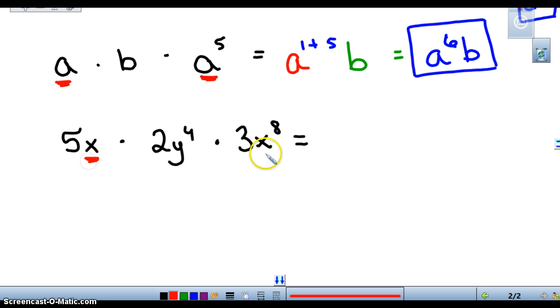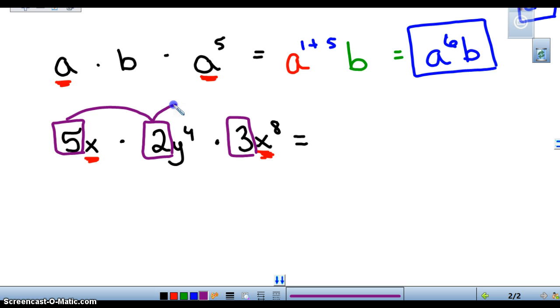X. What about our coefficients? We multiply them, so we're multiplying 5 times 2 times 3. What's 5 times 2? 10, and 10 times 3? 30.